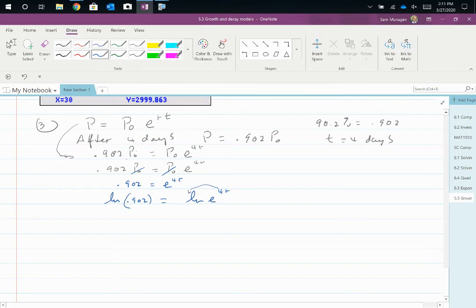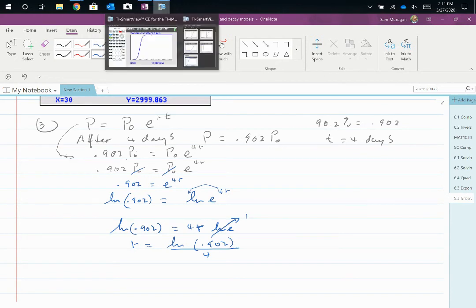Then use the power rule to bring 4r to the front, and that gives us 4r ln e. ln e is 1. So dividing both sides by 4, r is equal to ln 0.902 divided by 4. Round to 6 decimal places.